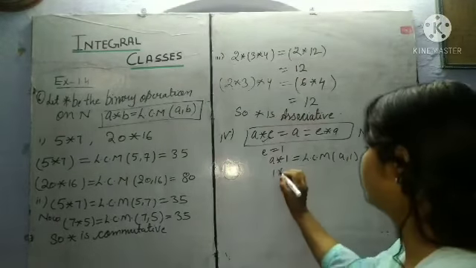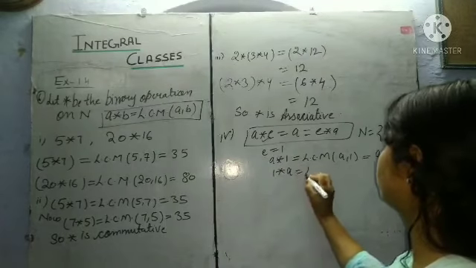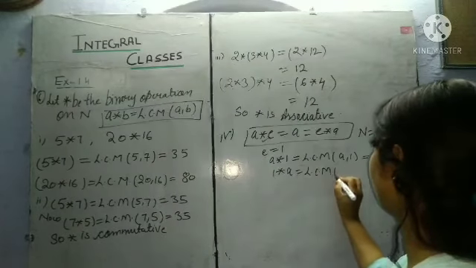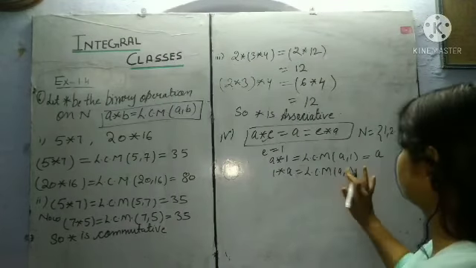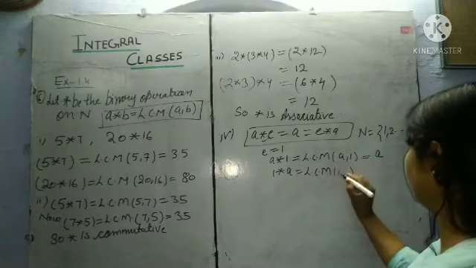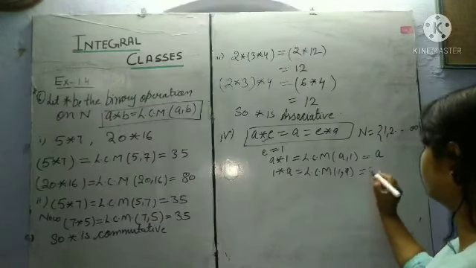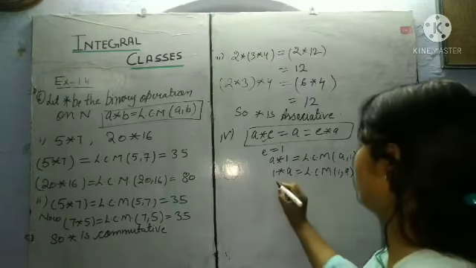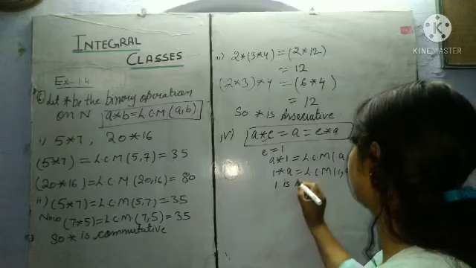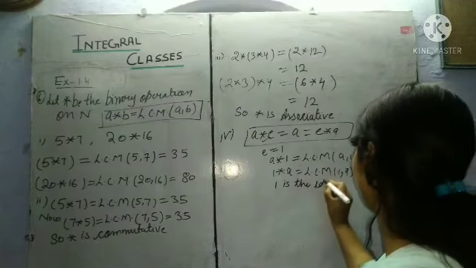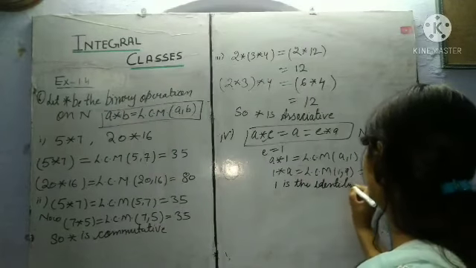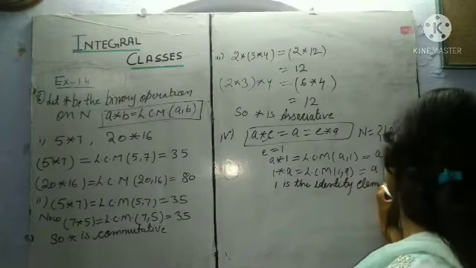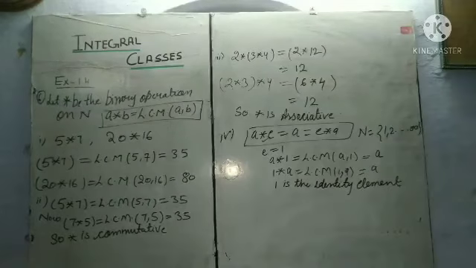Now 1 star a is also the LCM of 1 and a, and it should also be a. So the identity element for this binary operation is 1. 1 is the identity element.